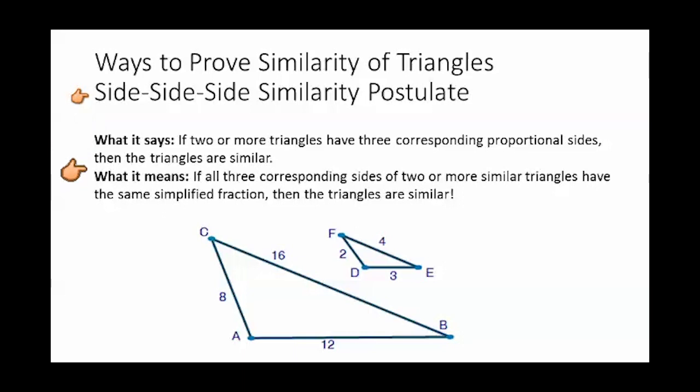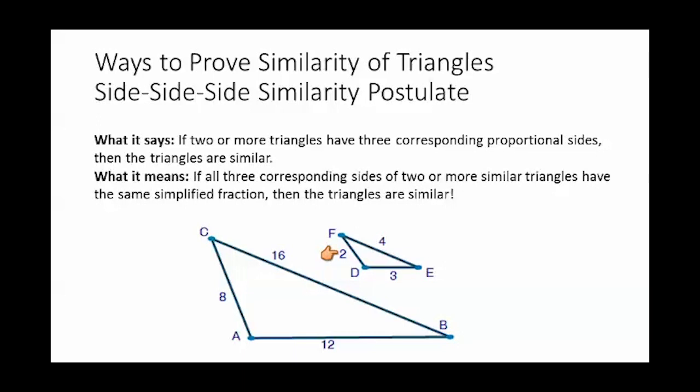And so I have to check all 3 sides because that's all I'm given in these. I can't use anything with angles since nothing is given. Even if they look the same, we can't prove congruency, so we have to use our sides here.